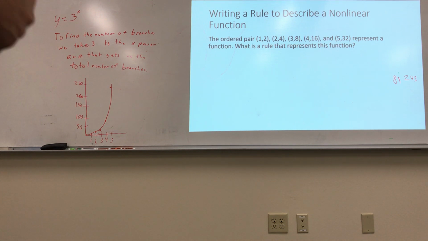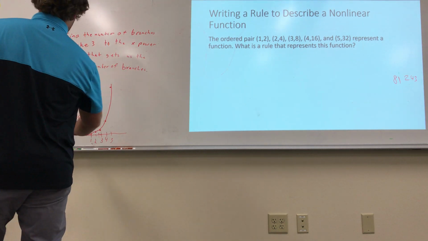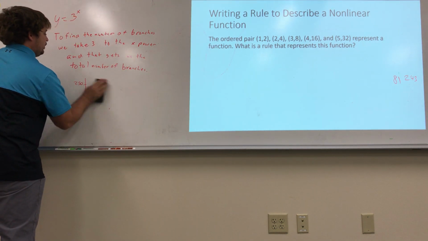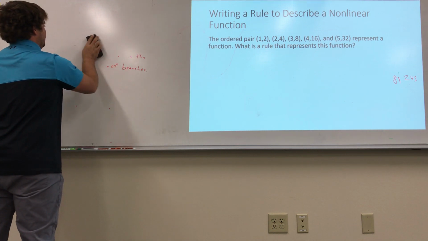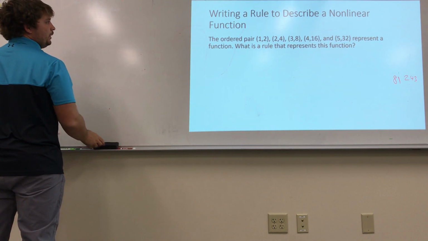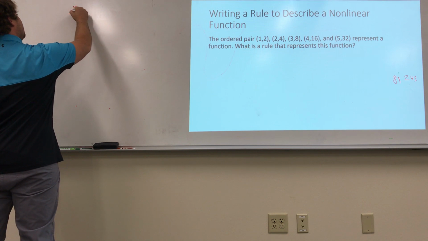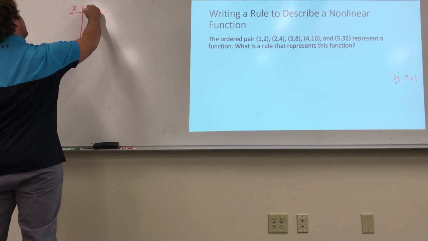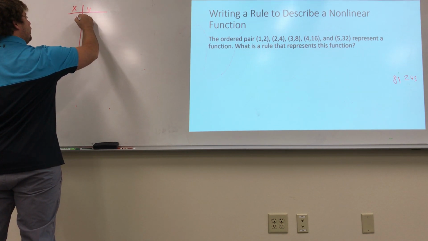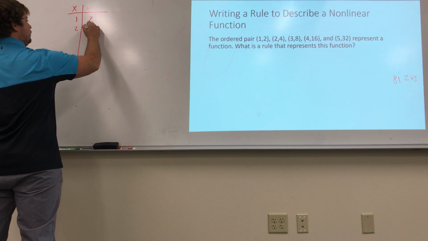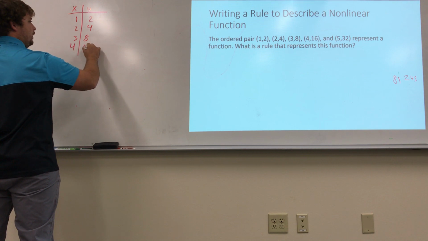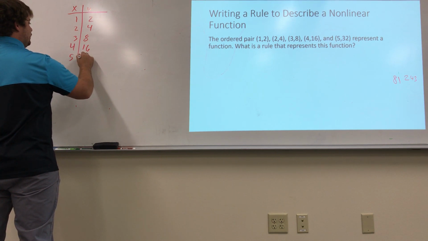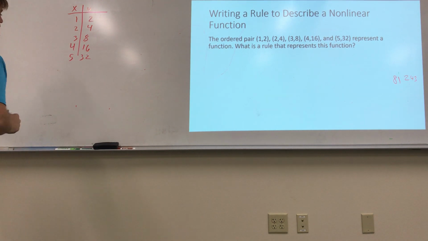Okay, so let's make a chart real quick, just out of curiosity, to see what it looks like. Alright, so we have X, Y. Okay, we have 1, 2, we have 2, 4, we have 3, 8, we have 4, 16, and we have 5, 32.